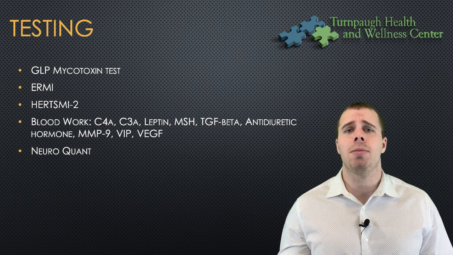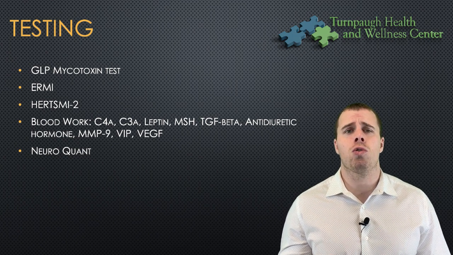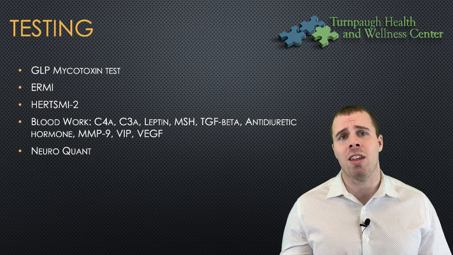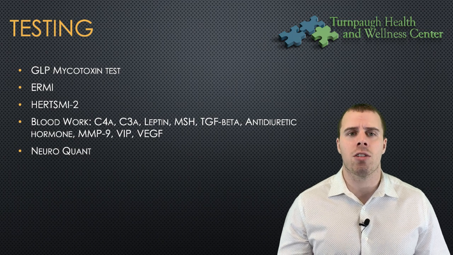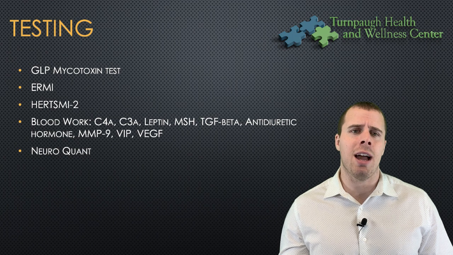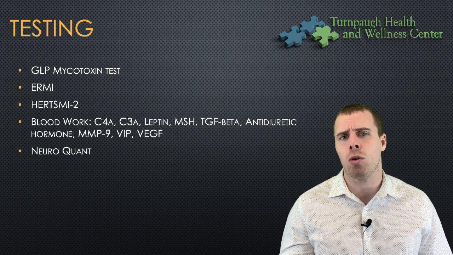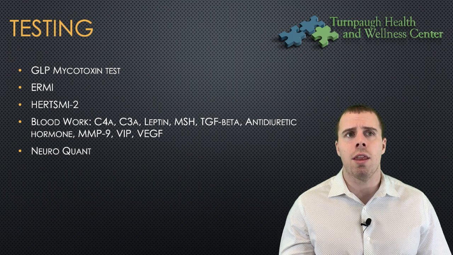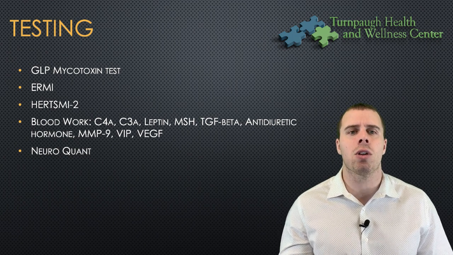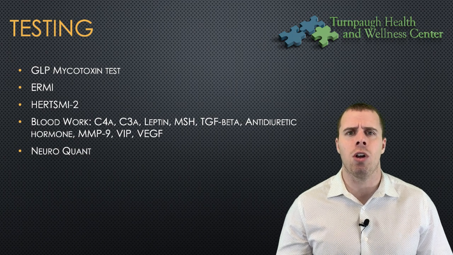Basically the ERMI shows the level of mycotoxins in the environment in your home, and then the HERTSMI-2 takes the 5 most elevated mycotoxins and further evaluates them. But I would definitely start with the ERMI.